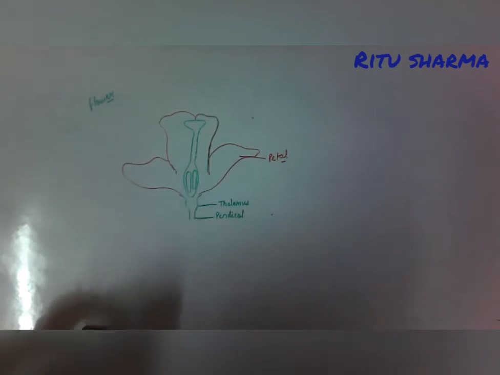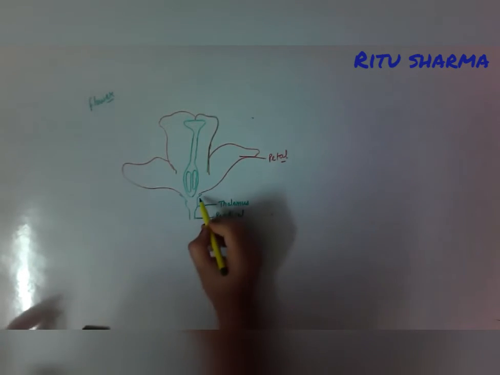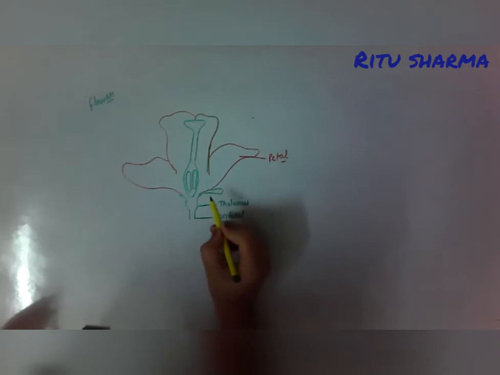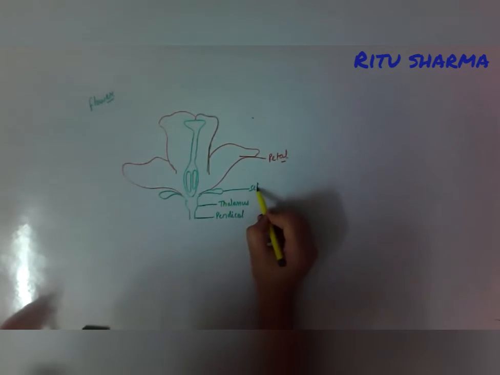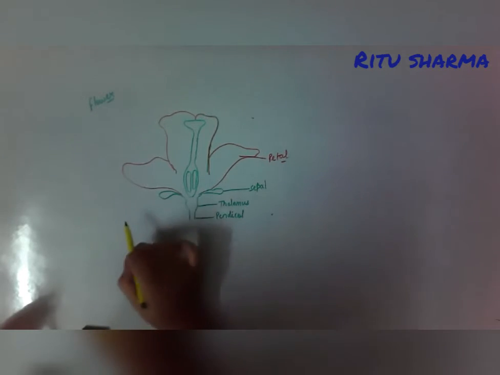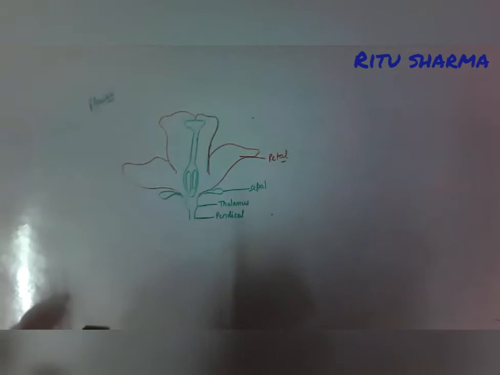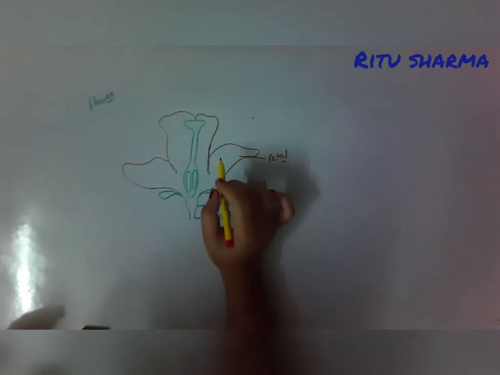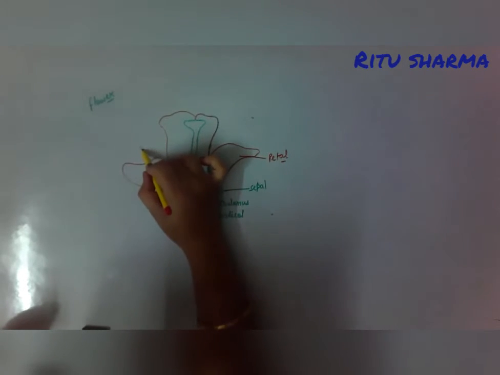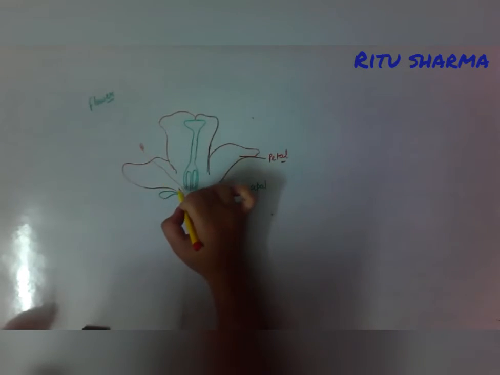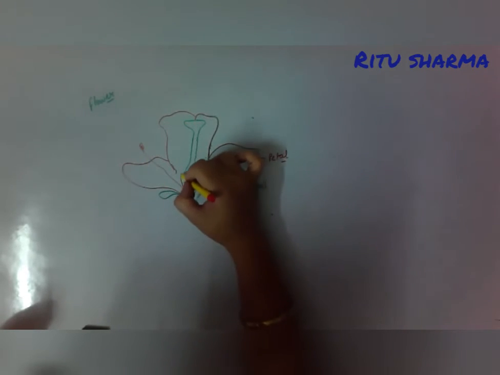Here some green colored sepals also arise from here. These are sepals. Next, the male reproductive parts arise from the thalamus. This is the anther and this is the filament.